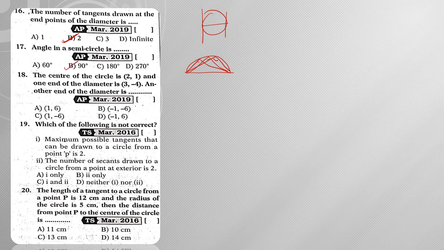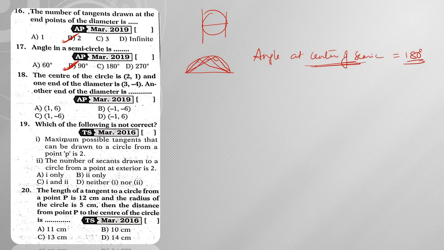If you ask for the angle at the center of a semicircle, then it is 180 degrees. So do remember this. If you ask about the angle at the center of the semicircle, then it is 180 degrees, and if you ask only for the angle in a semicircle, then it is 90 degrees.